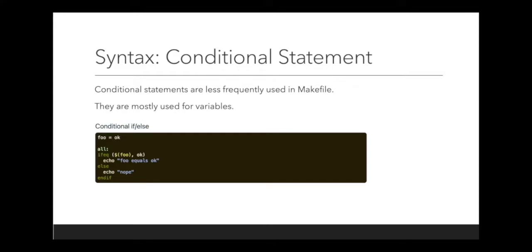And there are conditional statements in makefile. They are less frequently used, and they are mostly used for variables. This is an example of conditional if-else. It determines whether FOO equals OK.